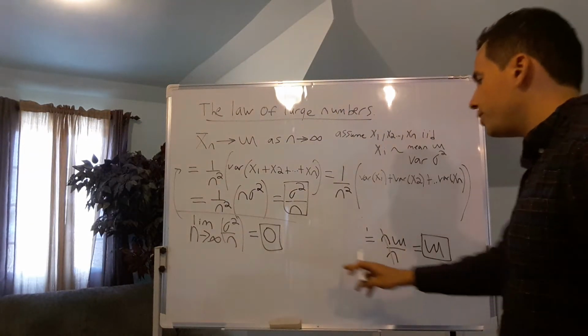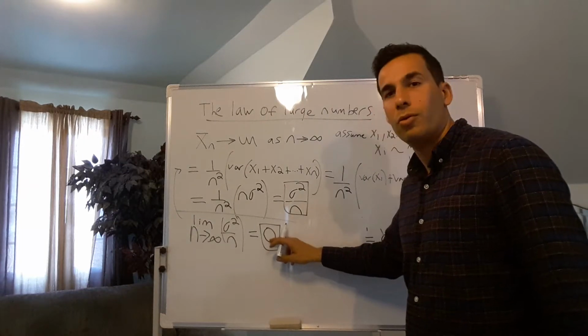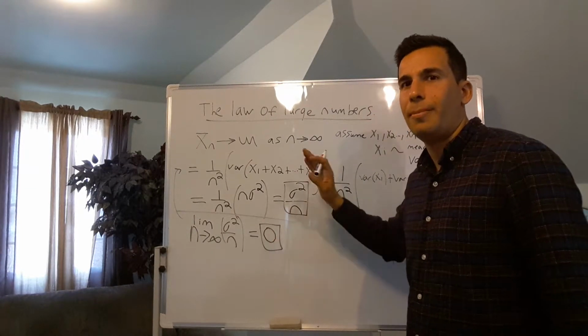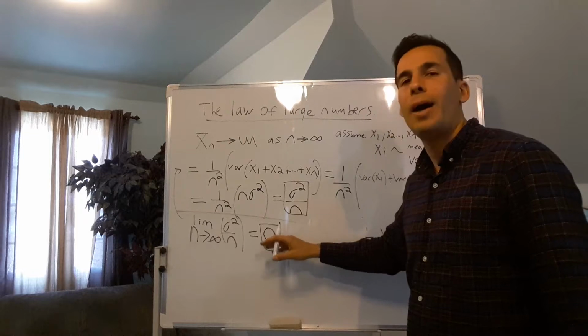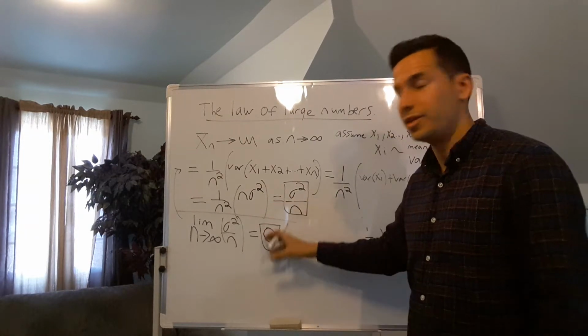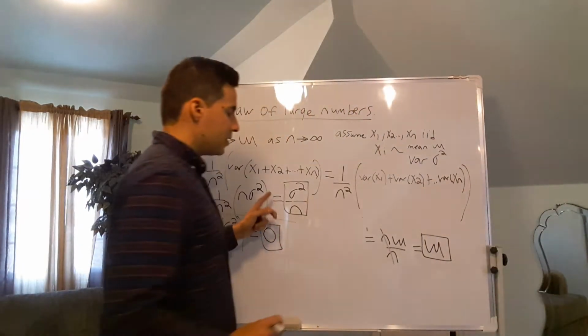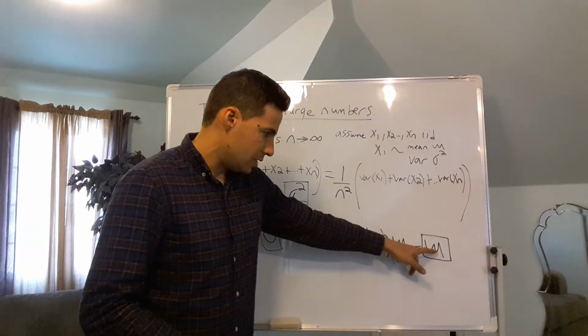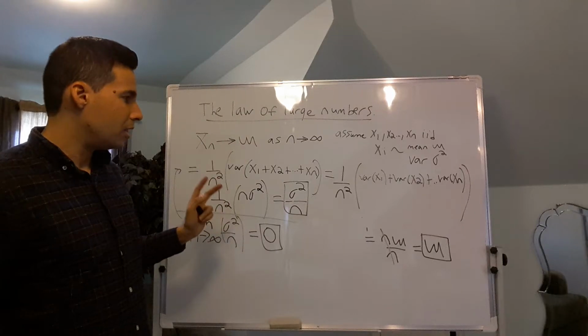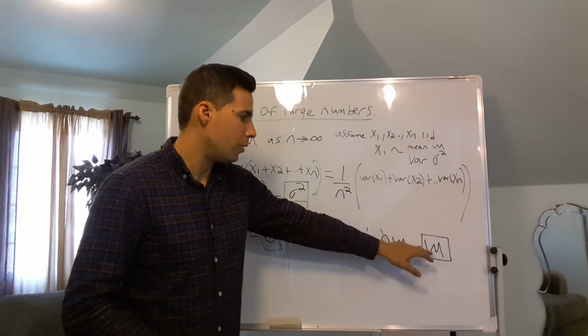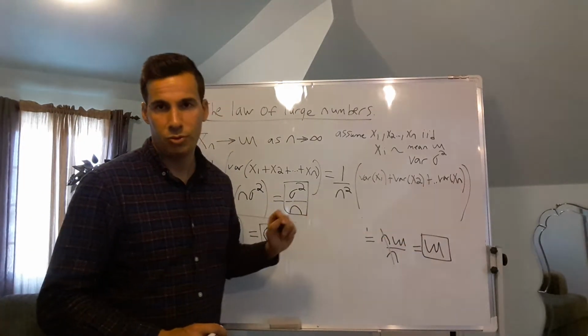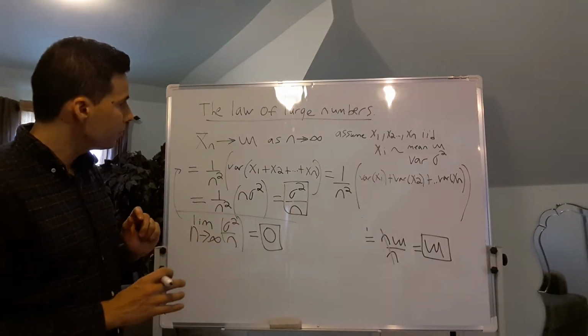This means the variability among samples will be 0, which is telling you that every sample is basically going to become almost the same sample. There's almost no difference when n goes to infinity. And the expected value of every sample is mu, which means that pretty much every sample is going to be mu. There's no variability.